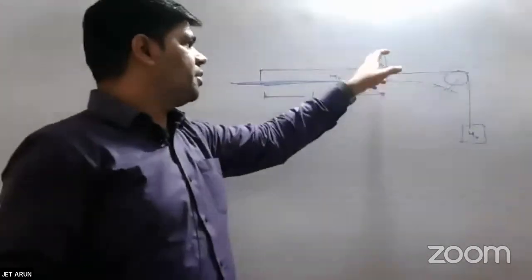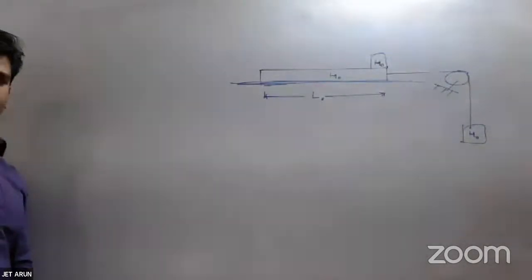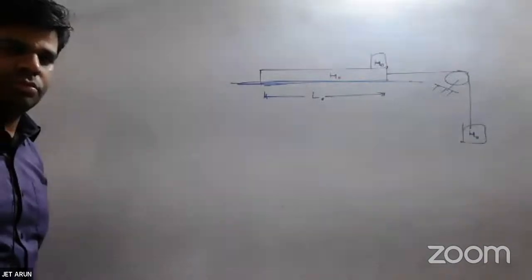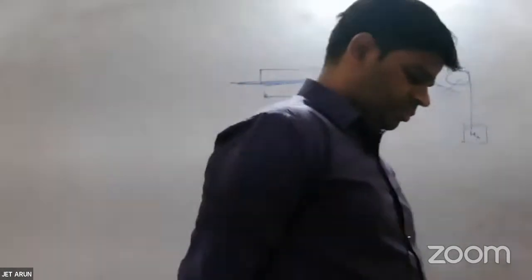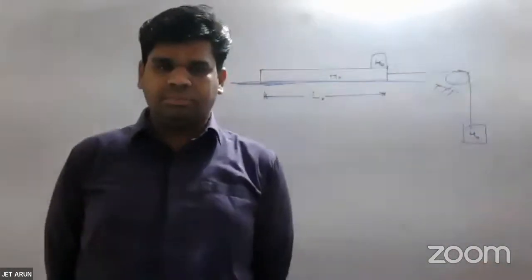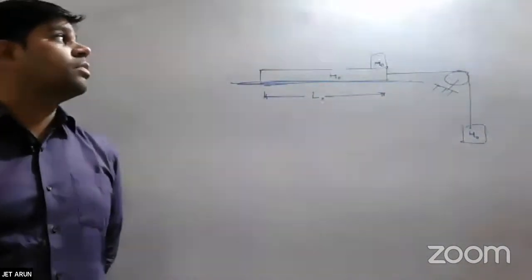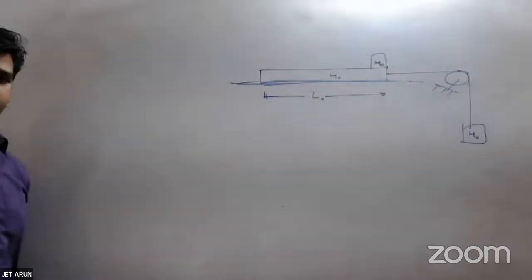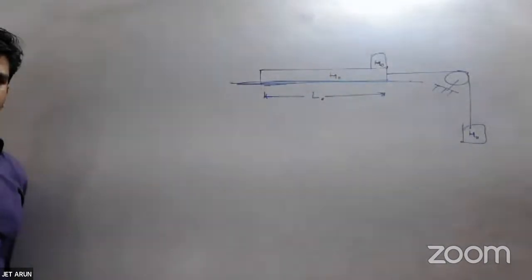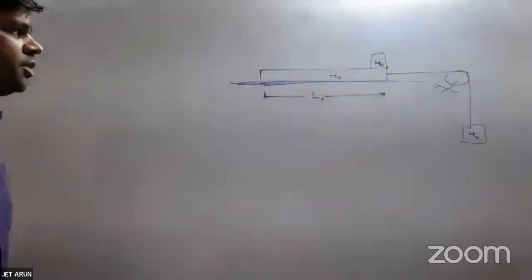All masses are equal: M naught, M naught, and M naught. So how do we approach this question?